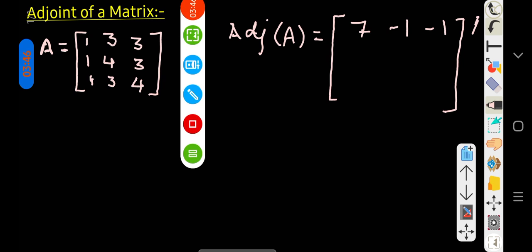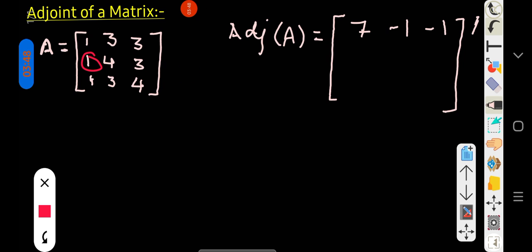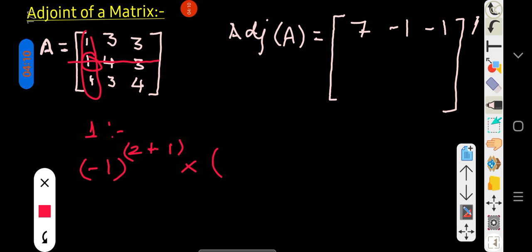Now let's get the cofactor of this one, which is present in the second row and first column. So we have to exclude the second row and the first column. The cofactor of 1 will be minus 1 raised to the power second row plus first column, multiplied by 3 times 4 minus 3 times 3, right?